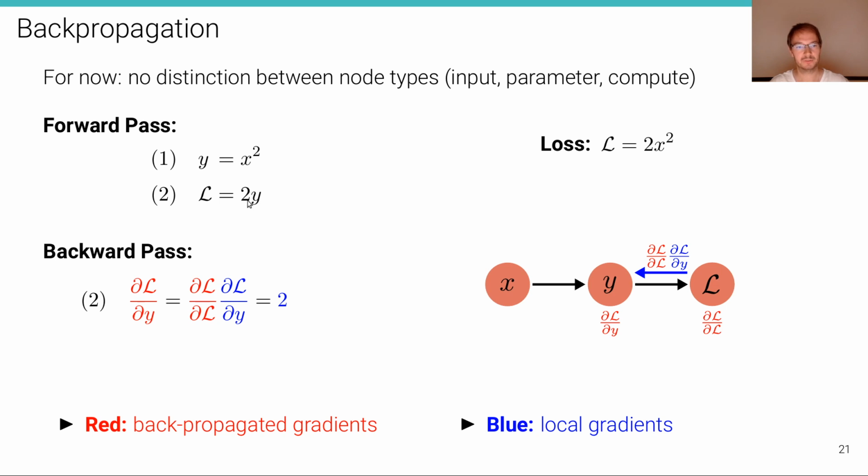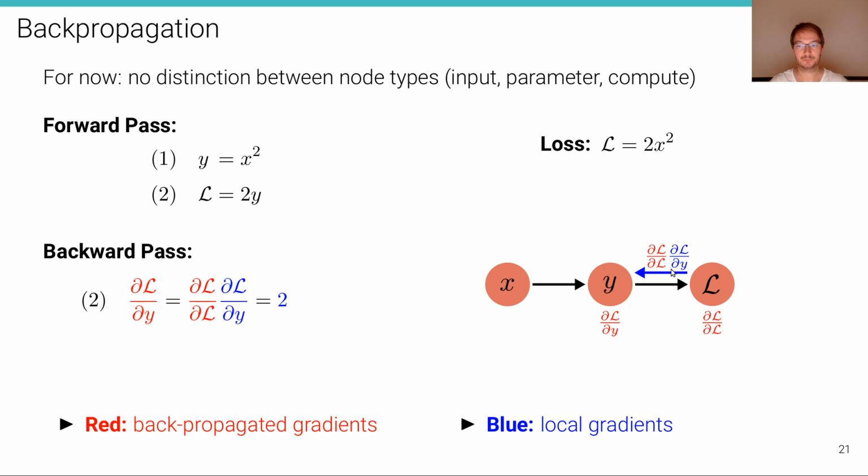Well, it is 2, right? Which we can see from this expression here. It is the gradient of L with respect to L times the gradient of L with respect to y, which is 1 times 2, which is 2.